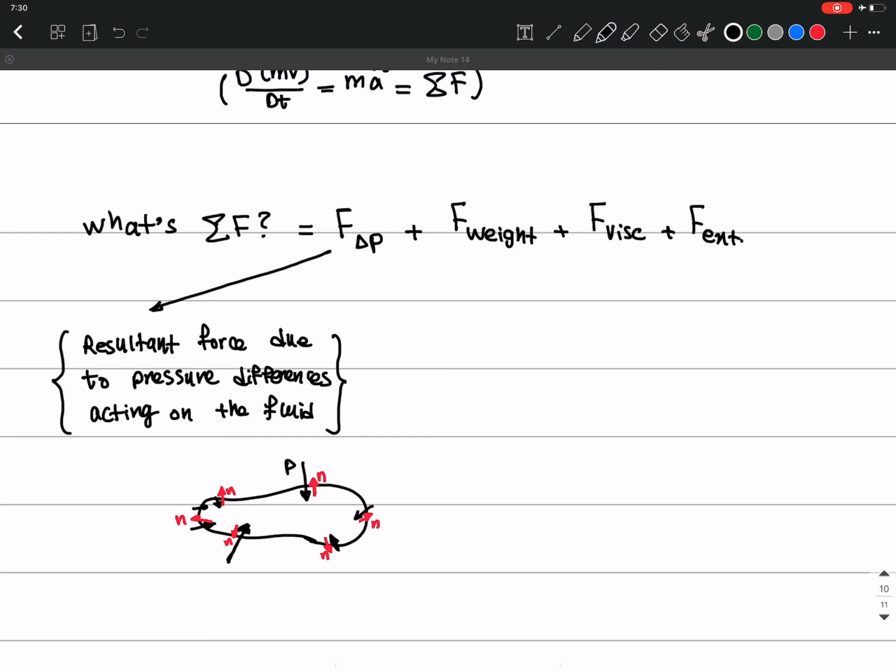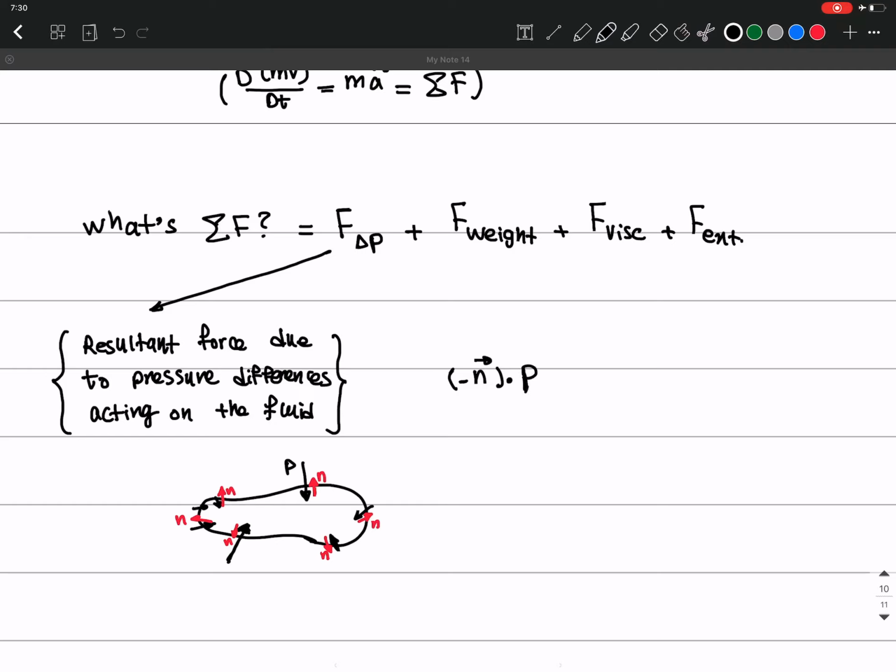So as you see, the pressure force acts inward, which is against our convention. So the net force that acts is minus n dot p for just one element, right?